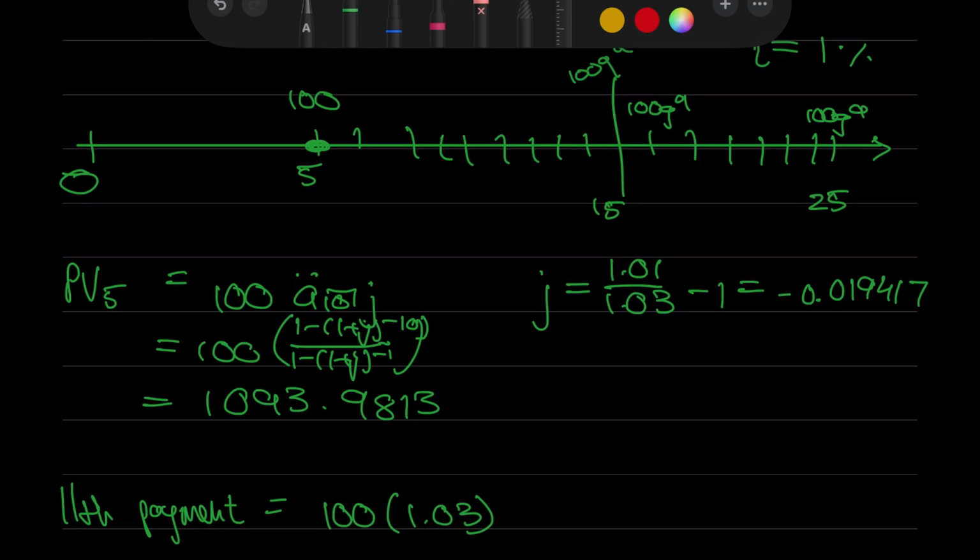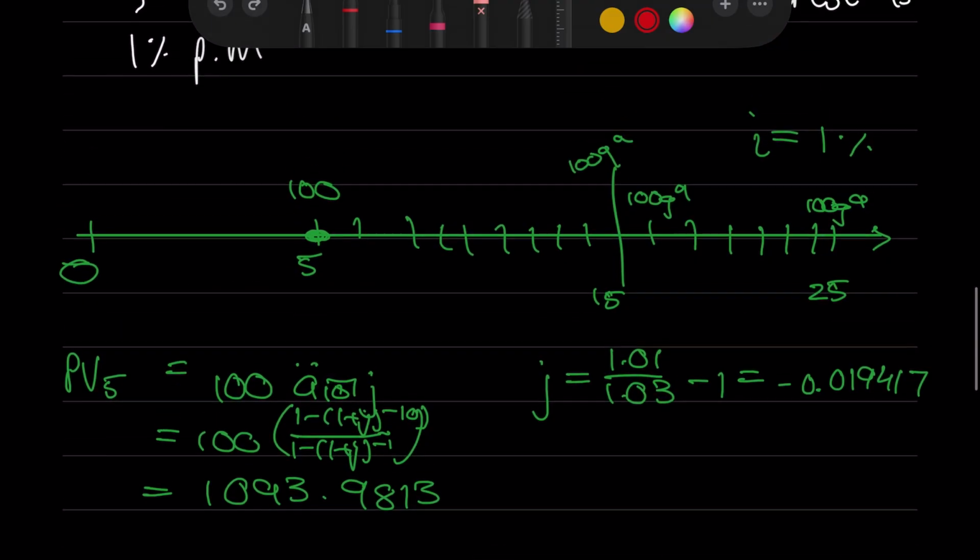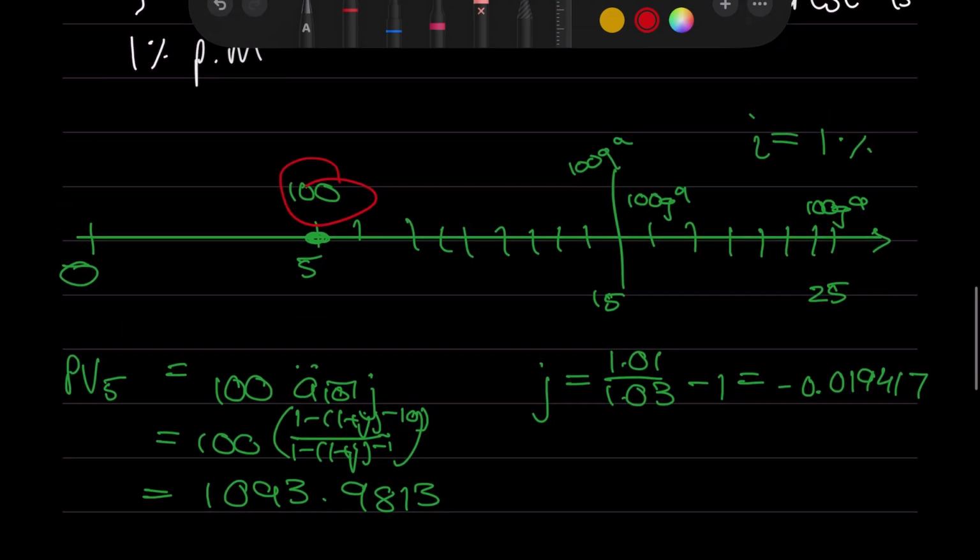I'm just using the growth. That's going to be equal to, put in the calculator. So don't get confused. Don't think that this should be a 10 because remember these are in advance. So the first payment was not grown and there's 10 payments. So therefore there's only 9 spaces for growth.